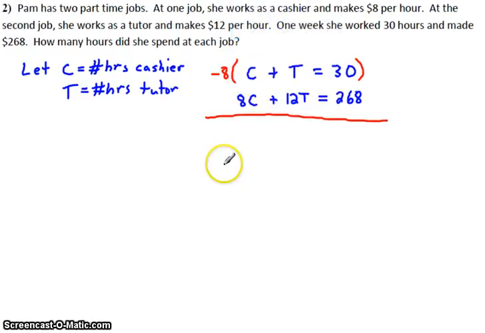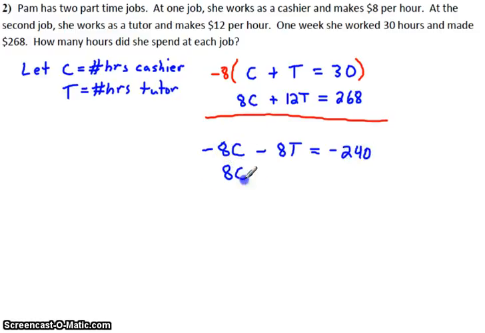The first equation is going to be -8C plus -8T. So I'm just going to say minus 8T equals -8 times 30 is -240. And the bottom one stays exactly the same.